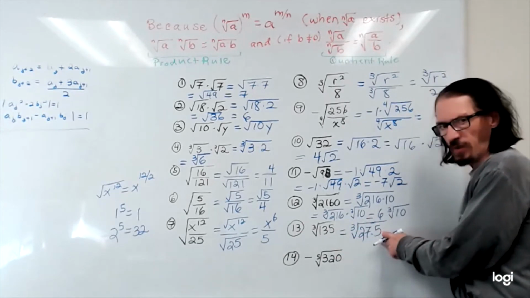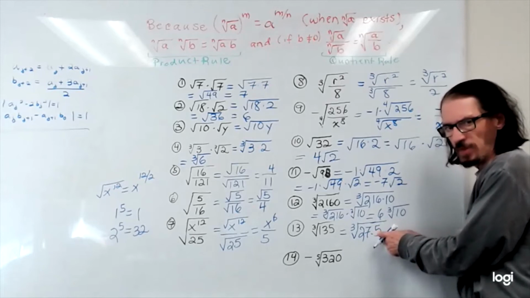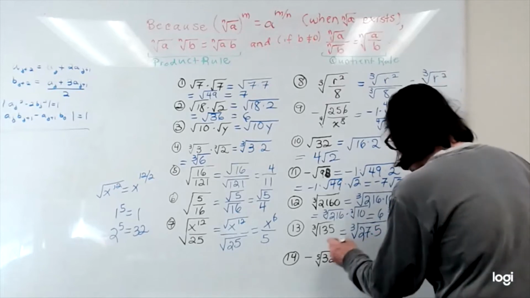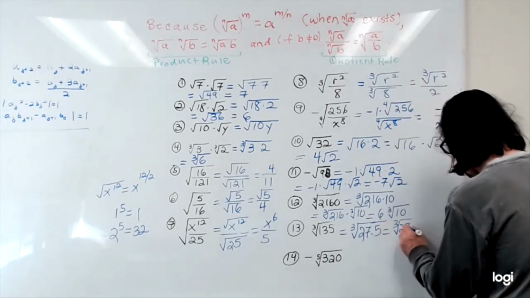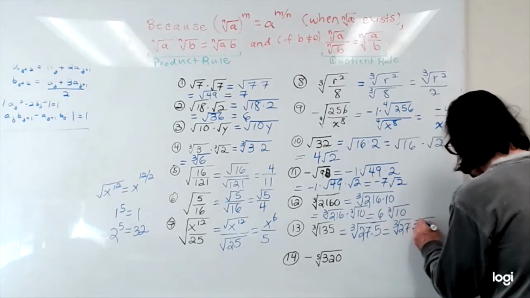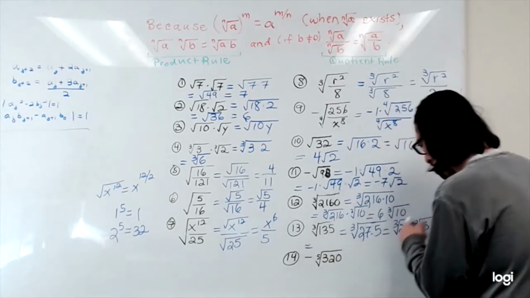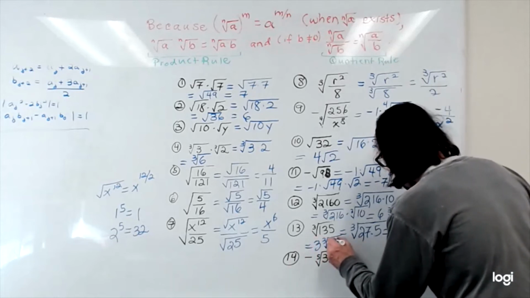If there was something even larger than that, I would have been able to get it out of the factor of 5. But the only perfect cube that goes into 5 is 1. So I split that up into cube root of 27 times cube root of 5. And that's cube root of 27 is 3. So we've got 3 times cube root of 5.